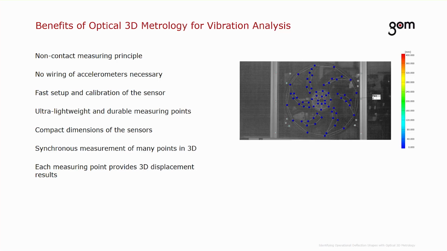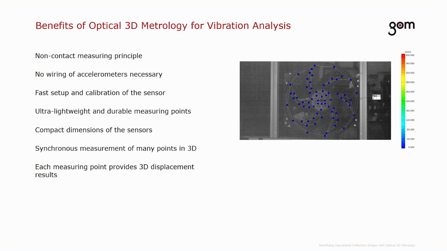We have a fast setup and calibration of the sensor, and once you have placed, for example, our measuring points, which are ultra lightweight stickers in the end, you're basically ready with the preparation, ready to go. As these points are durable, you can also use it for repeatable measurements and use the same setup, so the sensor stays calibrated and you can do measurements in a row with it.